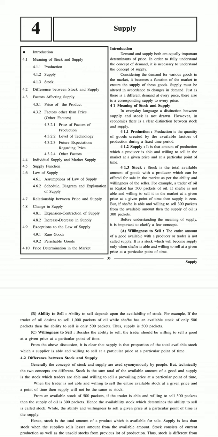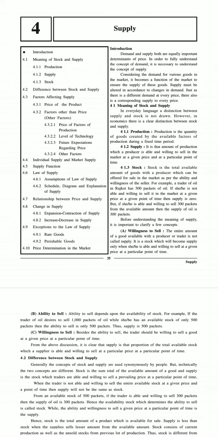Now let us understand the difference between the term supply and stock. For a layman, both these terms are almost the same, but in economics they have different meanings. As we learned, in economics, production is the quantity of goods that is created by the available factors of production, that is land, labor, capital, and entrepreneur, during a fixed time period.